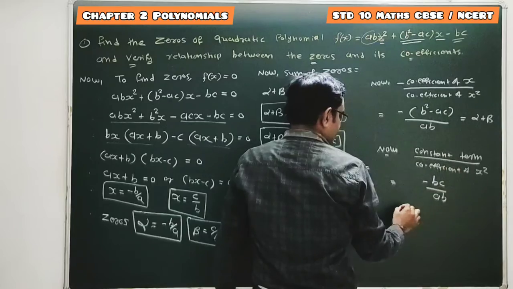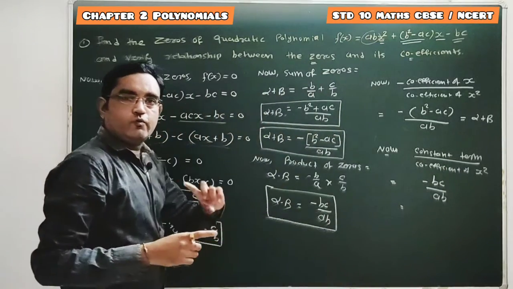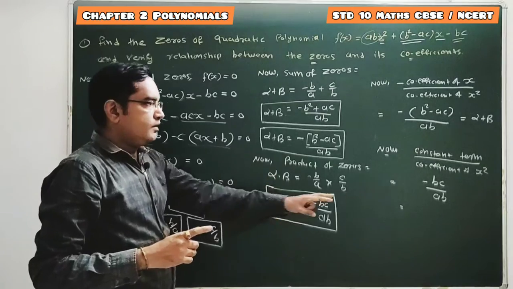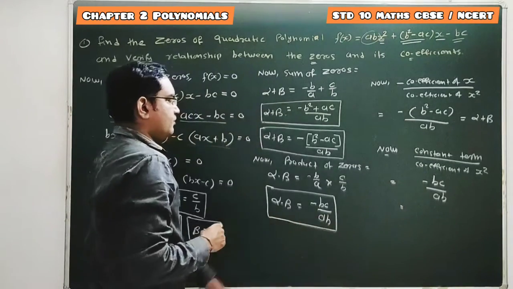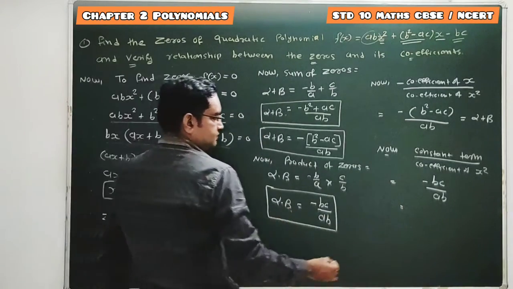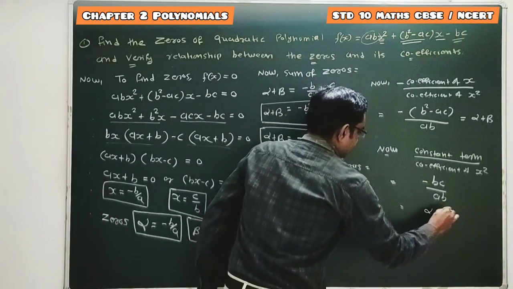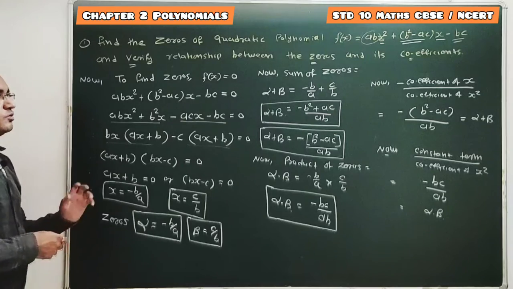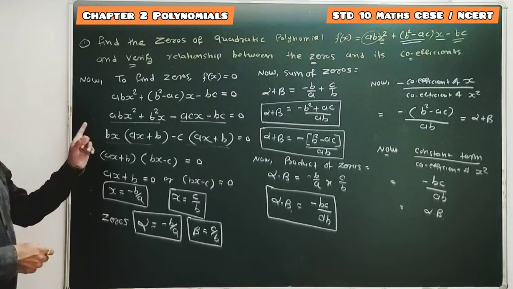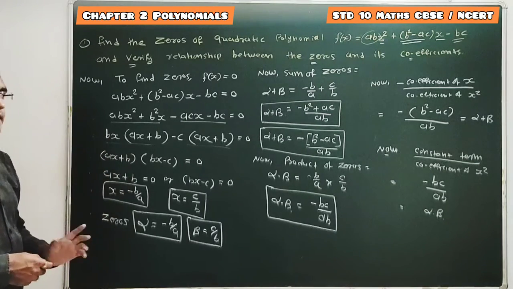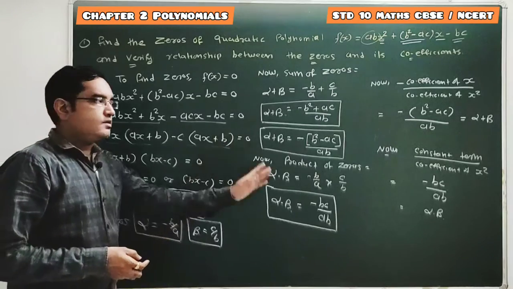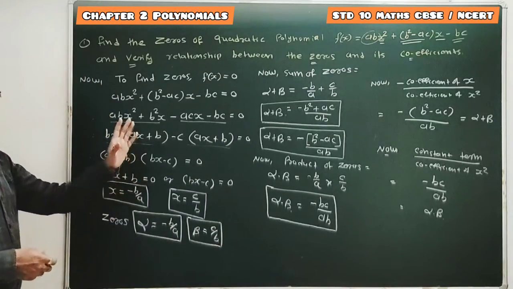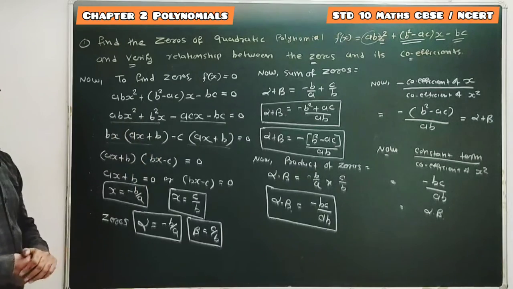So this ratio of constant term by coefficient of x square is equal to this product of zeros. Check it, and hence this relation is verified. Clear, students? So this is how you can find the zeros of any given polynomial and verify the relation of zeros with its coefficients.